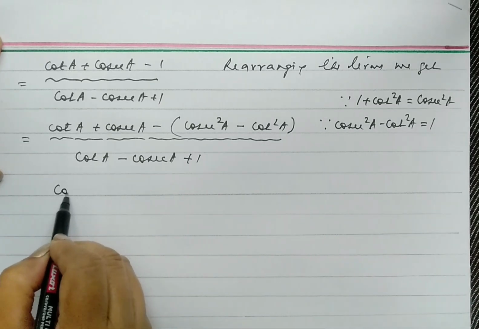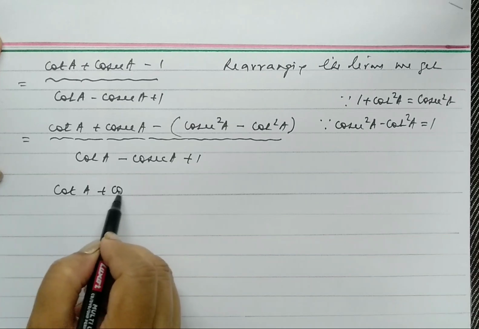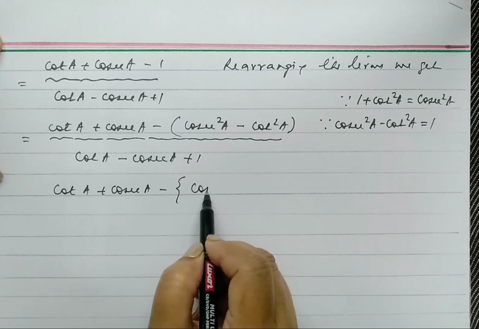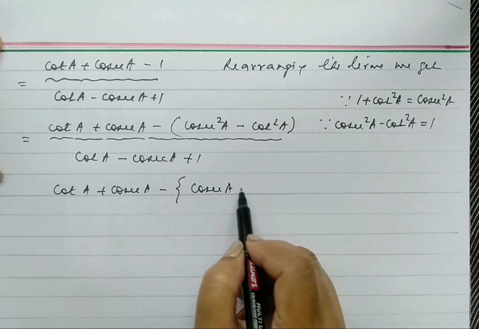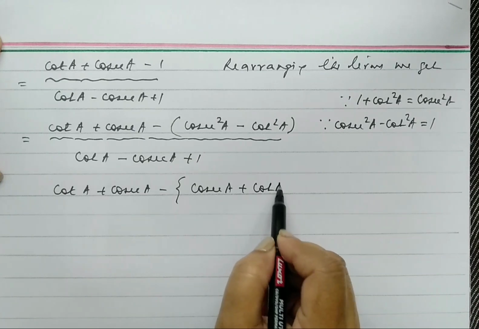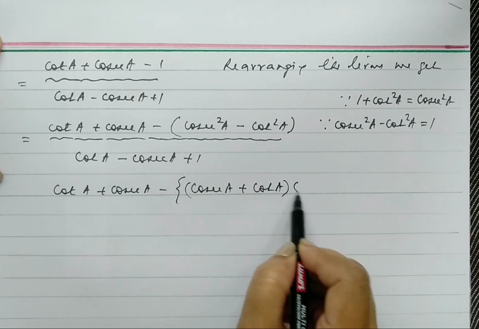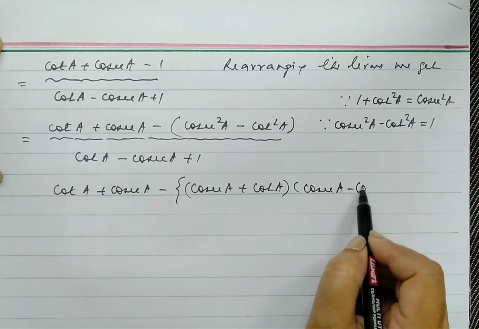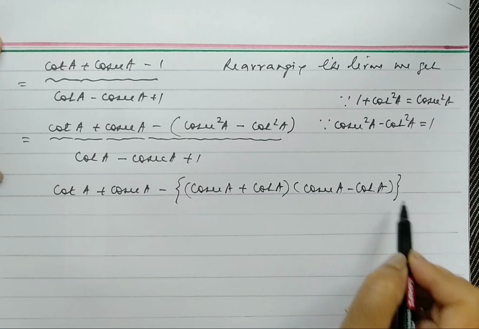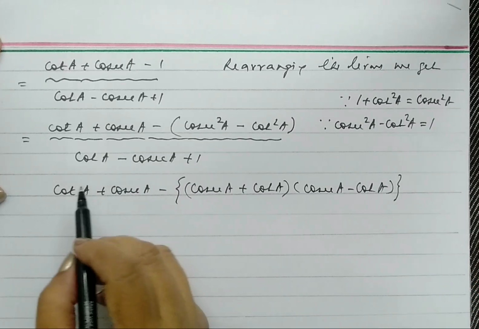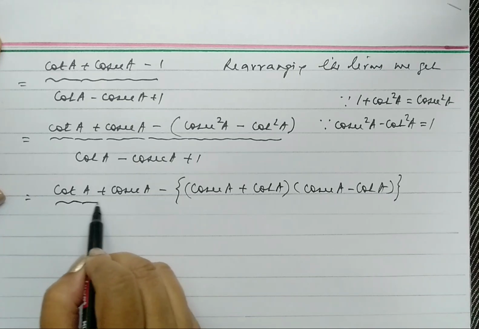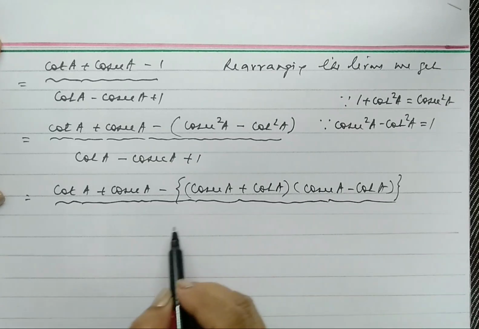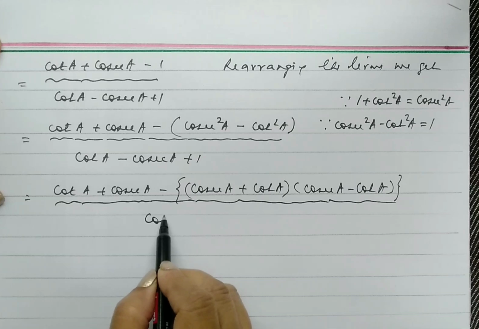So cot A plus cosec A minus, we have cosec A plus cot A and cosec A minus cot A. Correct? Below we have the same denominator.